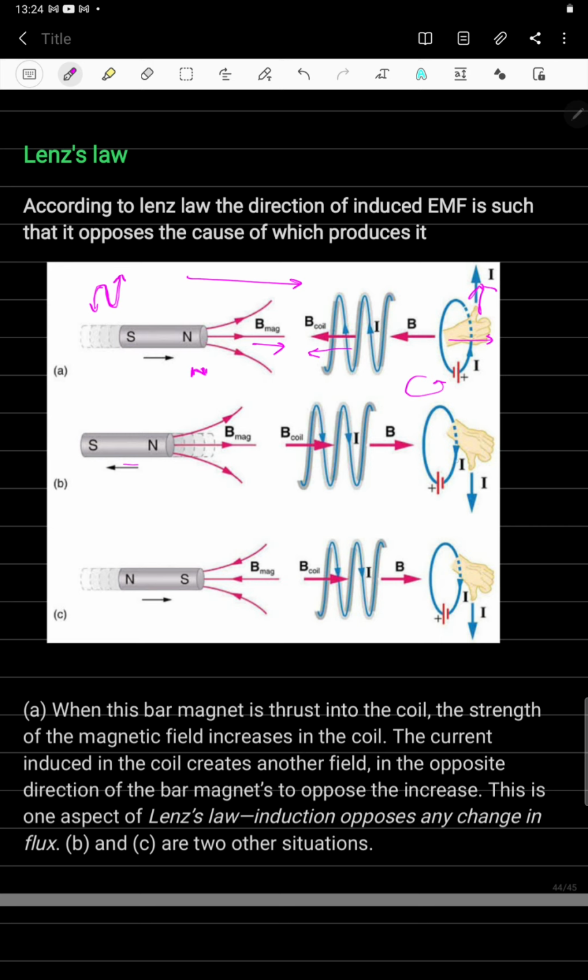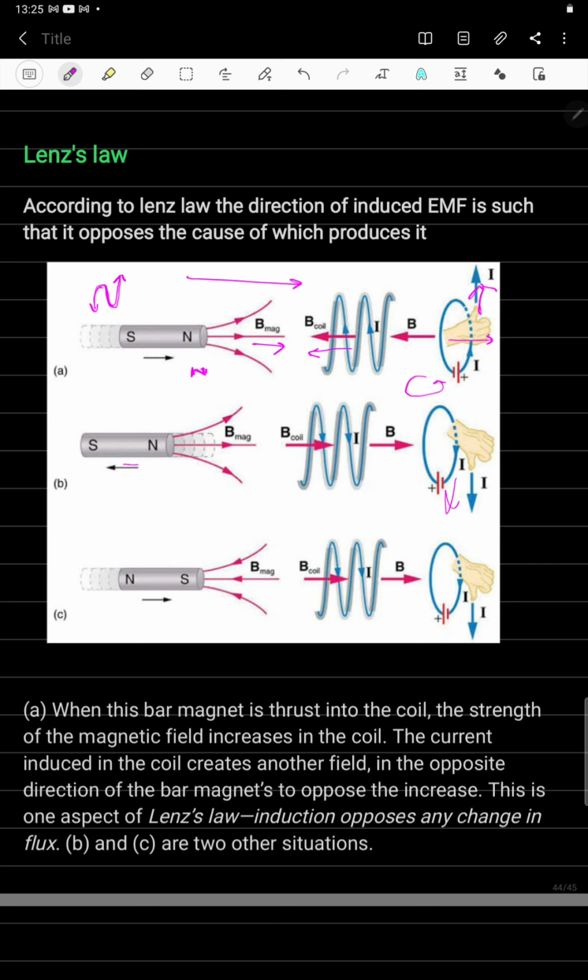So the current moves in the clockwise direction, therefore the direction of the current is downward. Likewise in C, the magnet is moving towards the coil and the coil is moving away from the magnet, so the direction of the current is downward, as shown in the figure.